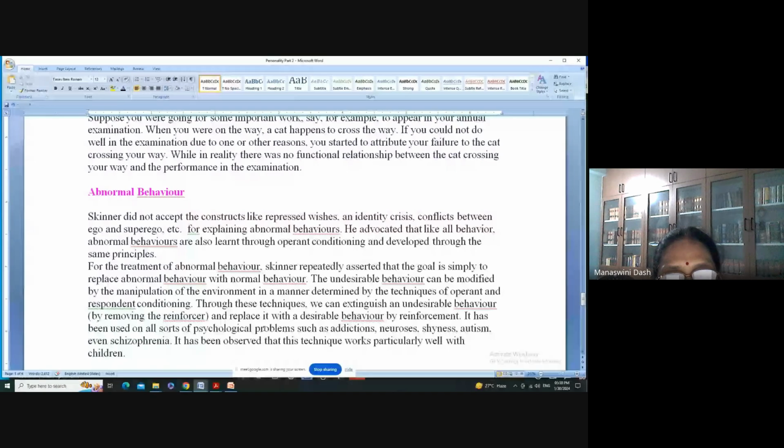It has been observed that the technique works particularly well with children also. They also have many behavior modification techniques like token economy, etc. You must have been taught it during your clinical psychology paper.